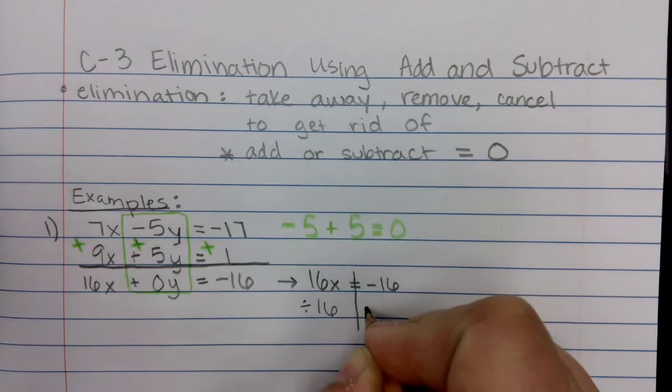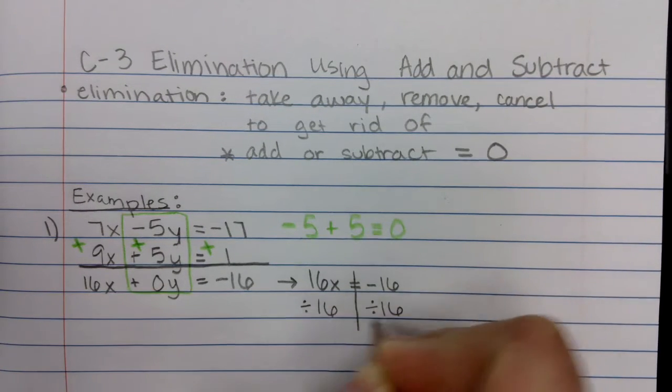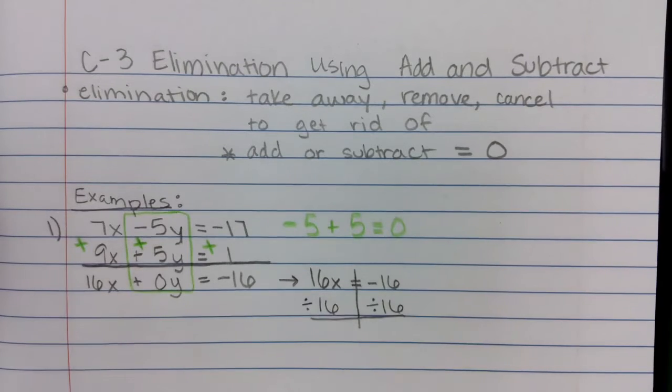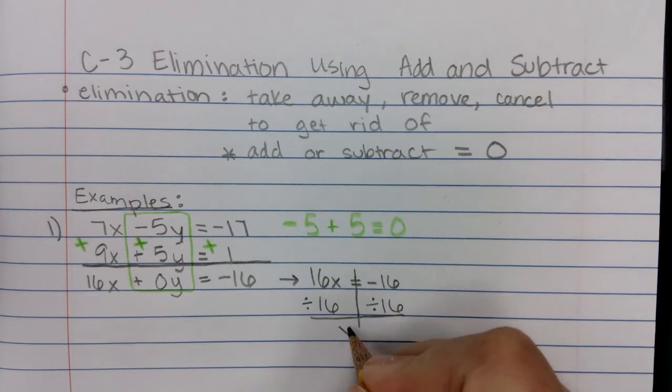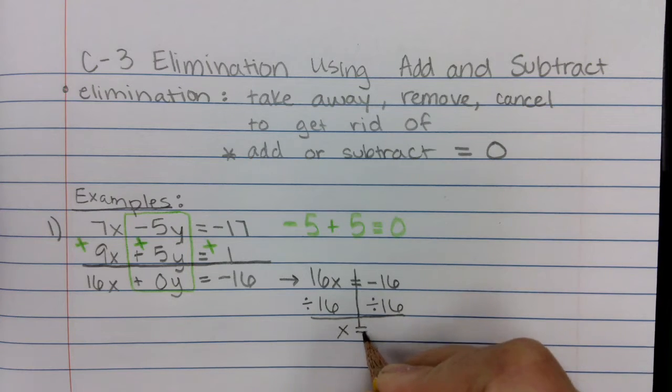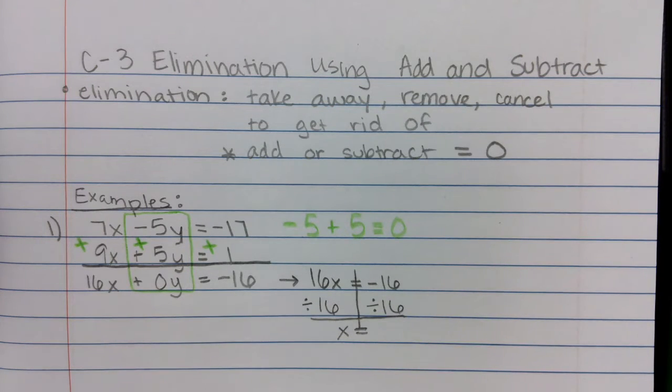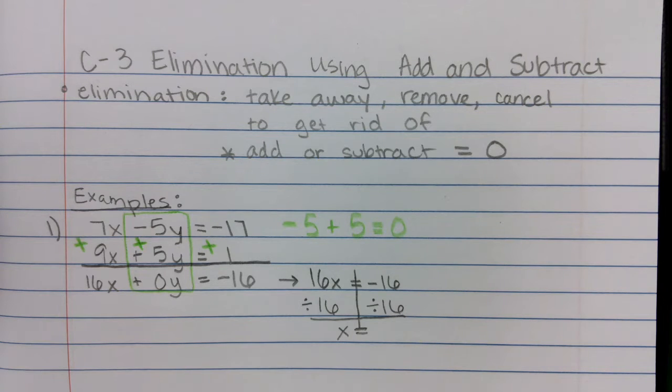So we get x equals negative 16 divided by 16. What do we get? Negative 16, negative 1. All right, so that gives us our x.